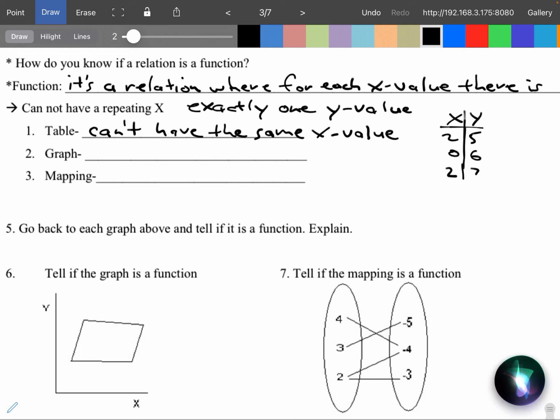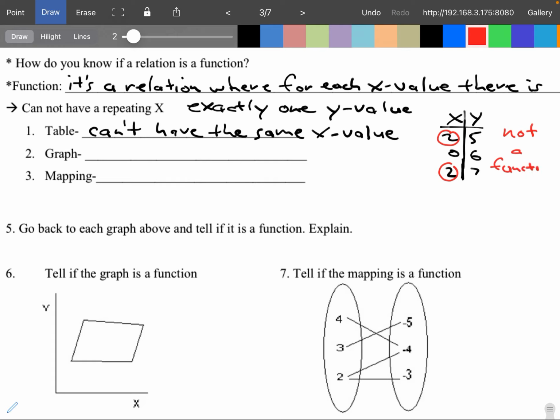If you see 2 goes to 5 and 0 goes to 6 and 2 goes to 7, do you see a repeating x value there? So if you see a repeating x value, then you know it's not a function. So right here, you see a repeating x value, so then you know that's not a function.